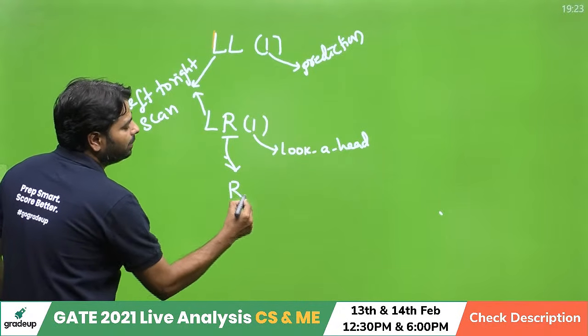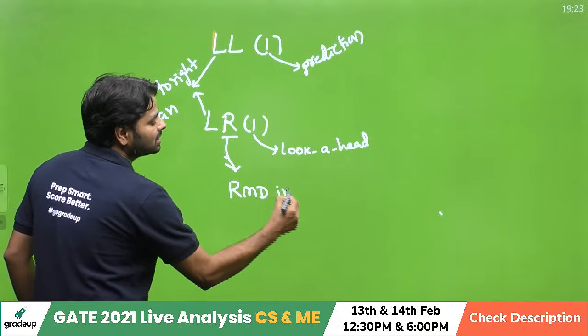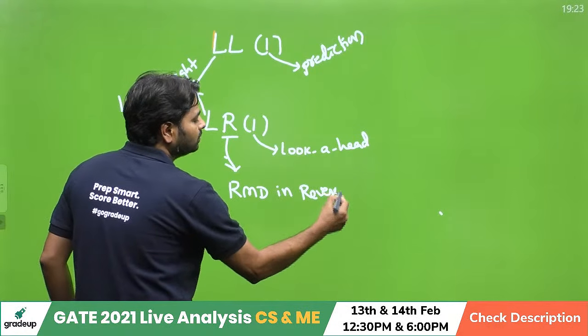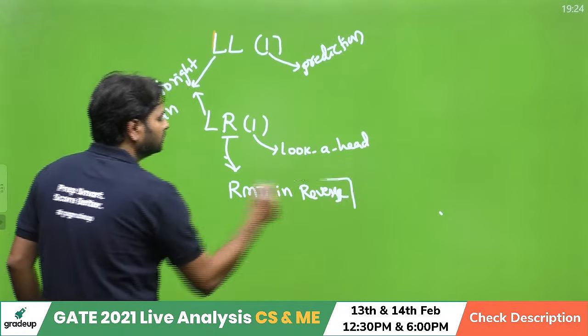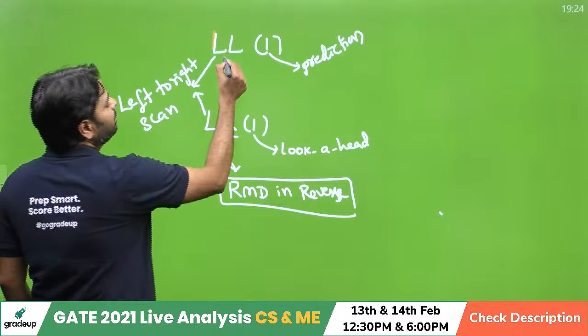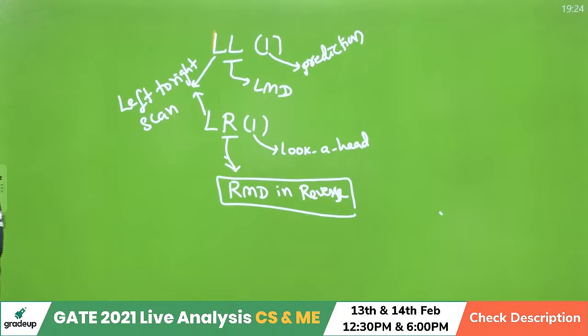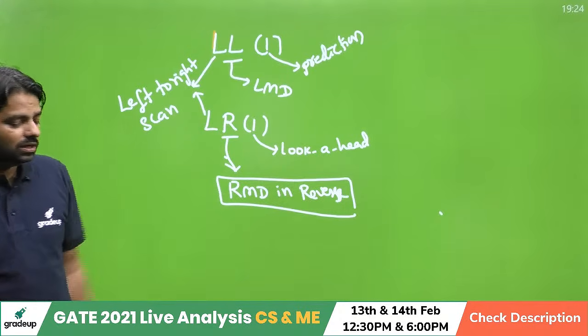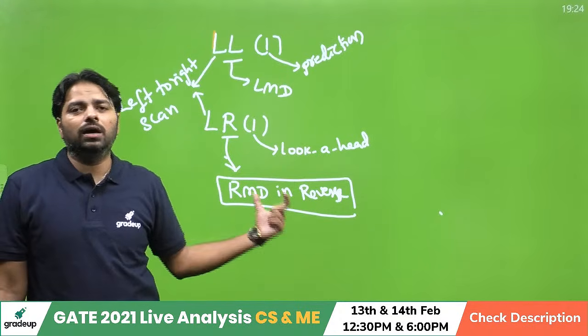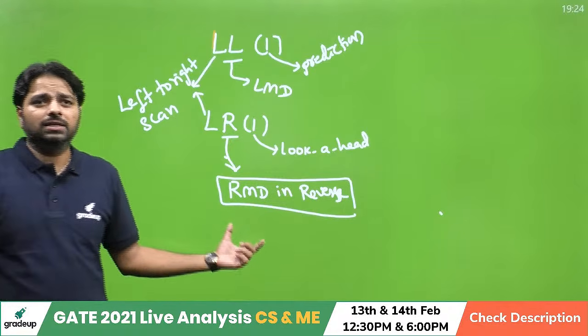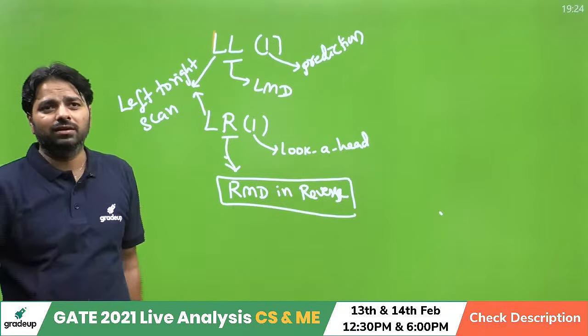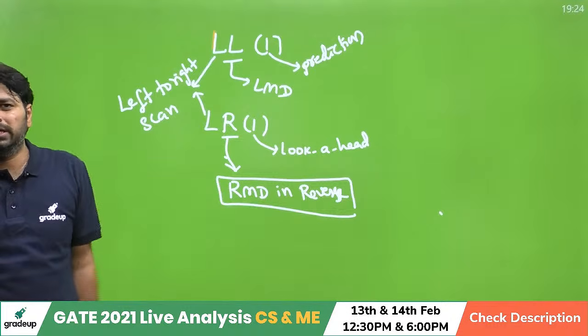It is RMD in reverse. And the L represents LMD, it's not in reverse, remember that. All the bottom up parsers follow RMD in reverse. This was a GATE question two years before, and you do not need much knowledge to answer it.